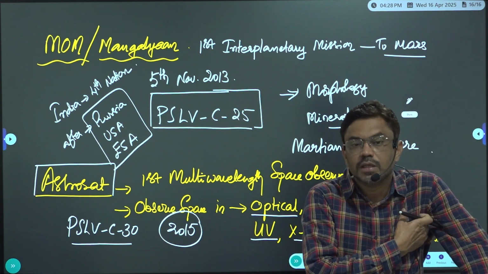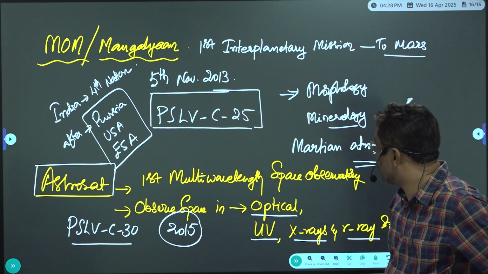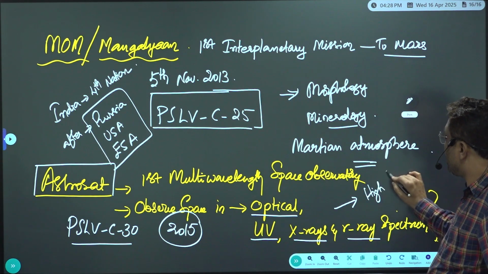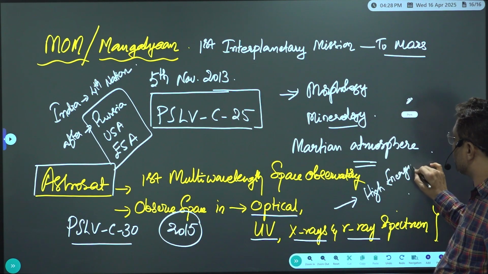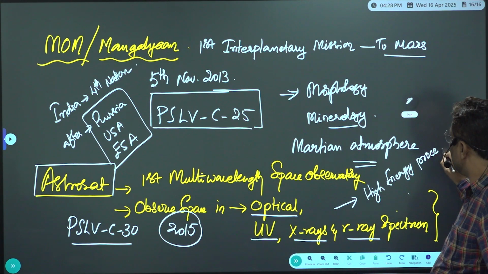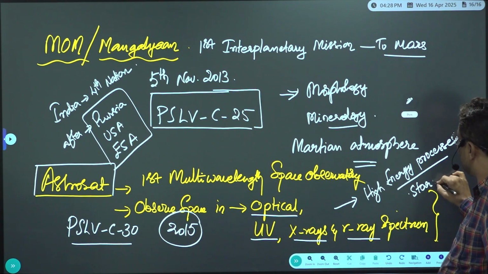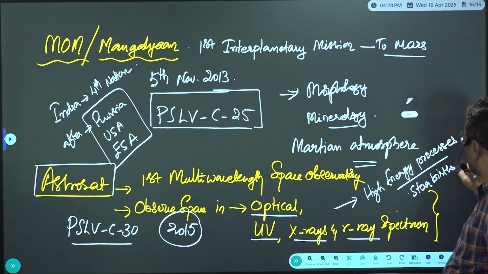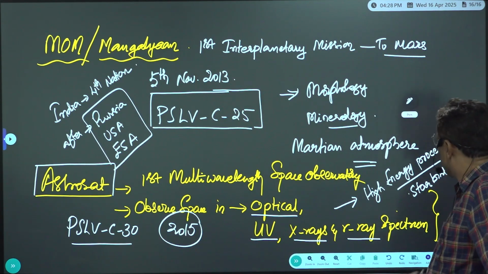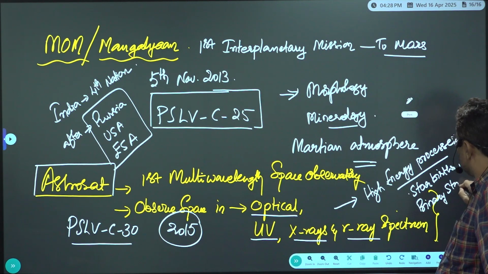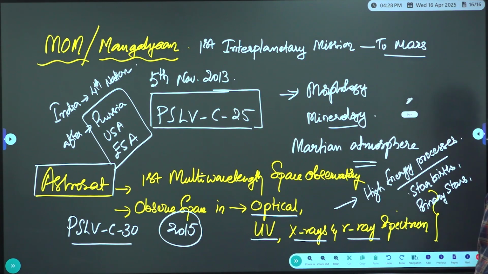So, AstroSat is an astronomical satellite. It is to understand the high energy processes in the universe, like star births, binary star systems, neutron stars, and existence of super clusters of galaxies.